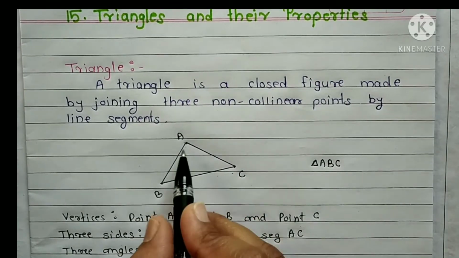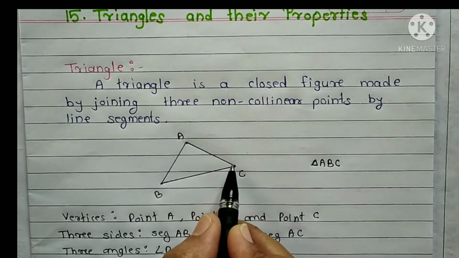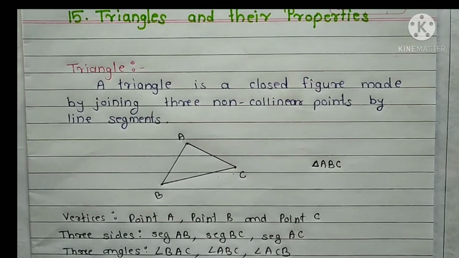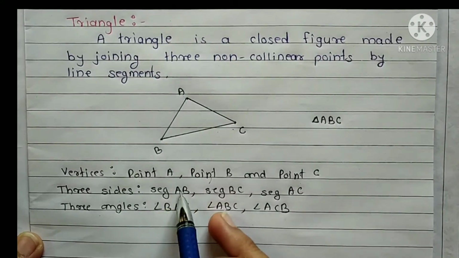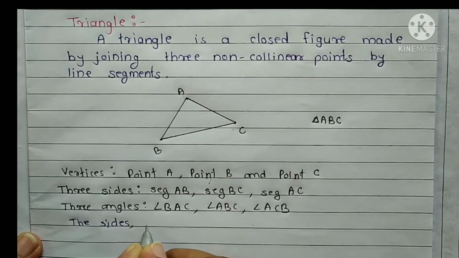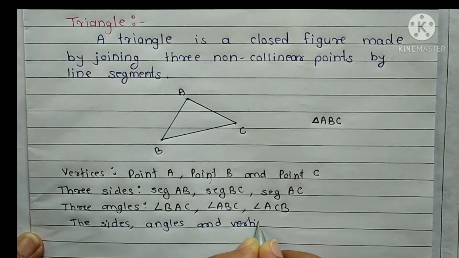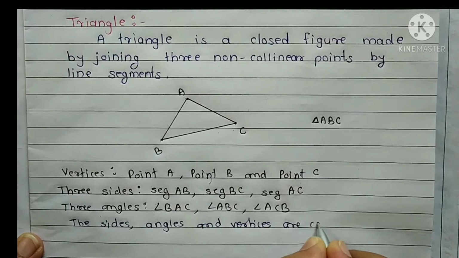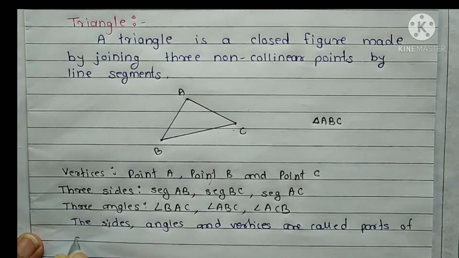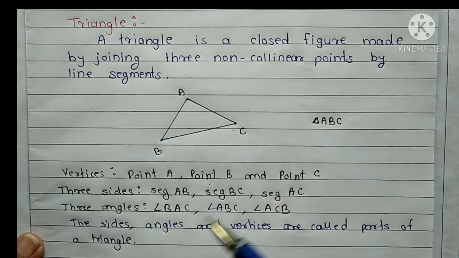Now this is angle ABC, and this is angle ACB or BCA, angle ACB. So these are the parts of a triangle. That is the sides, angles and vertices are called parts of a triangle. Remember, this is all about triangle.